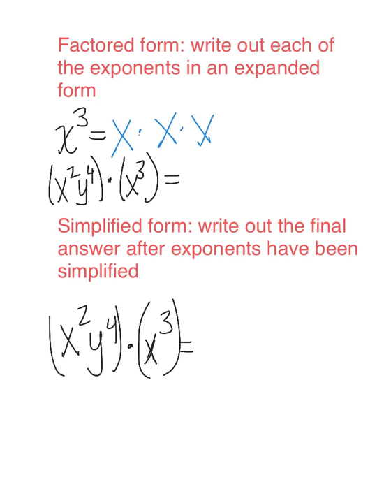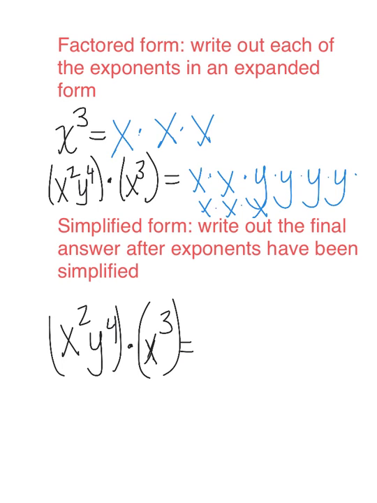To write this out as factored form, I would have x times x, because x is my base and I have it 2 times. And then y is my base, and I have that 4 times. So y times y times y times y. And then I also have x cubed. I ran out of room on the side, so I'm going to write it down below, but it's still going to be multiplied by x times x times x. So that is the expanded form.